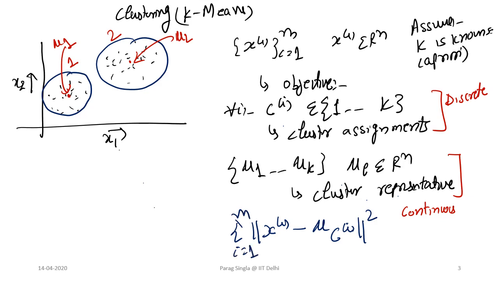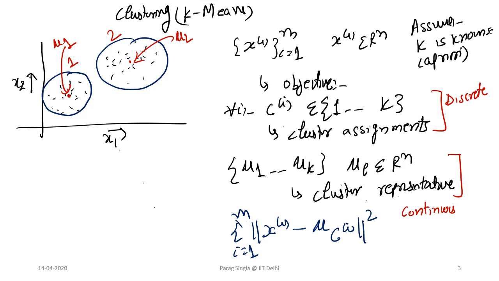Take each point xi, and what we are looking for is a cluster assignment and a set of cluster centroids such that the sum of the distances of the point xi from its representative mu ci is minimized.